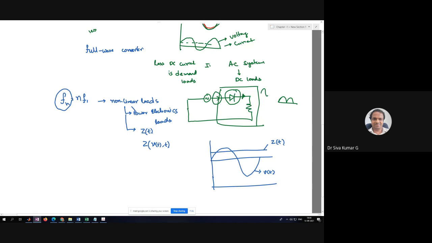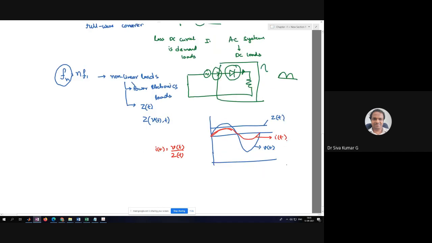Scaling factor in the sense that the current I of t is equal to V of t divided by Z of t, a current waveform of this kind, which we expected.